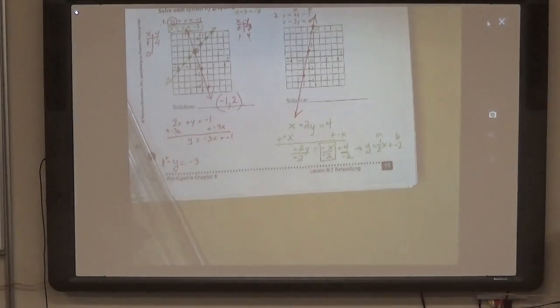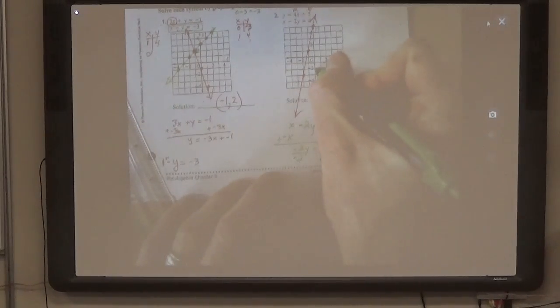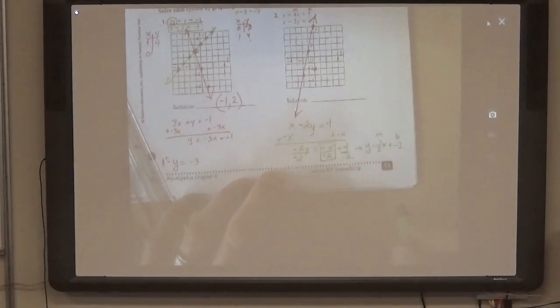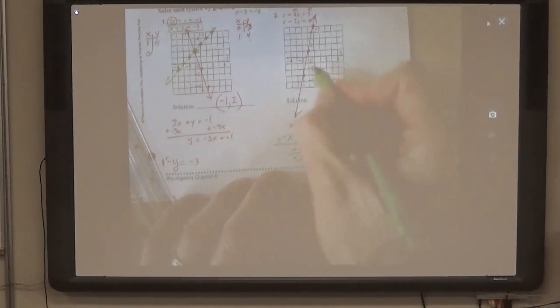What is b? Go to b, negative 2. Mark that on the graph. That's right here. Then go up 1 over 2, right? Up 1 over 2.